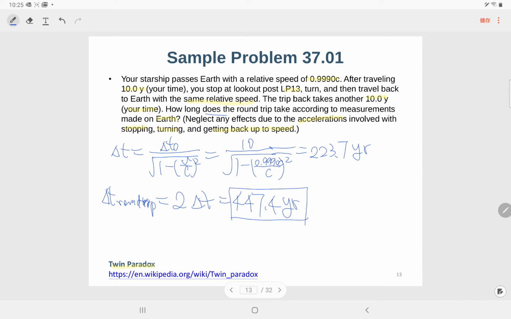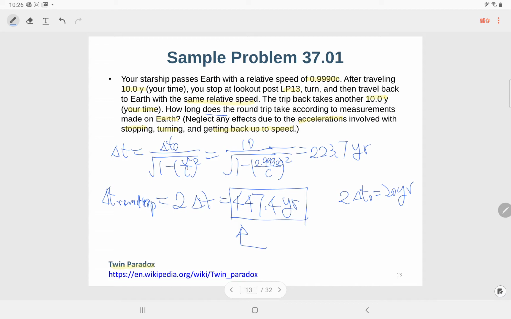So this is the answer. So actually, if you are on this starship, you only pass 20 years. So 2 times delta t0 is actually 20 years. But on the Earth, it has already passed 447 years.